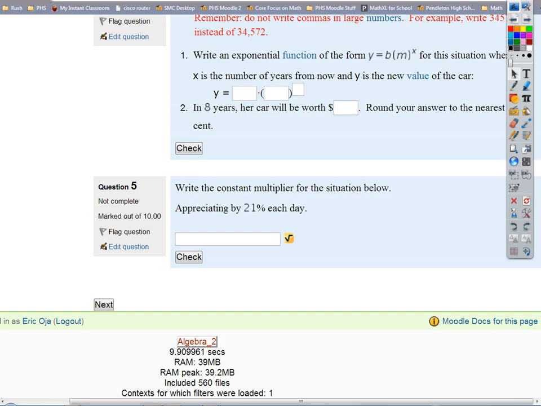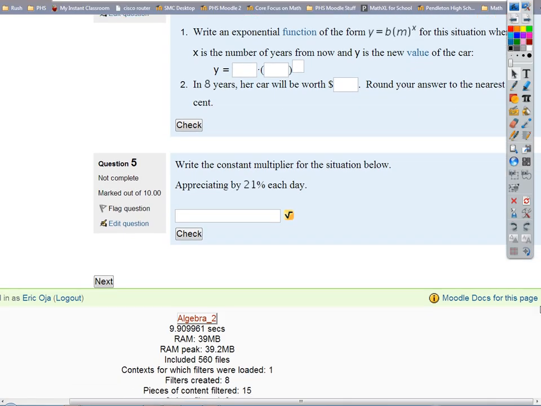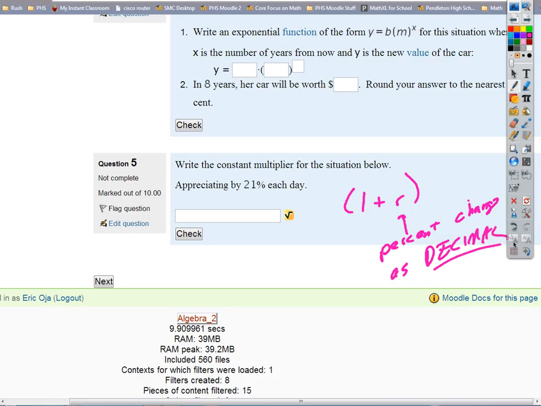Okay. And then these right here. All they're asking on these, don't make these harder than they are. They just want to know if I write this as a constant multiplier, what is it? So let's just look at maybe 1 or 2 of these. So appreciating by 21%. Remember that if we're going to use a percent increase or decrease, we write 1 plus r, where r is the percent change as a decimal, right?